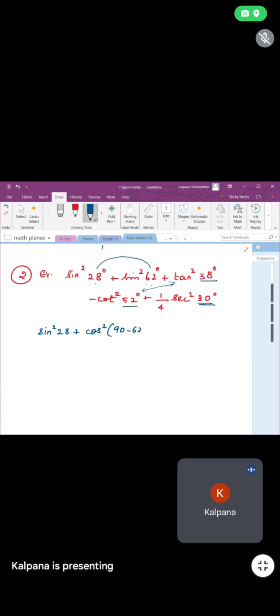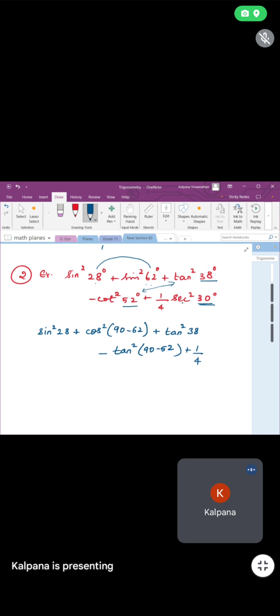Then we can take tan square 38 and keep it as it is, minus cot 52, which can be written as cot theta is tan 90 minus theta, so tan square 90 minus 52. Is that clear? Plus 1 by 4.